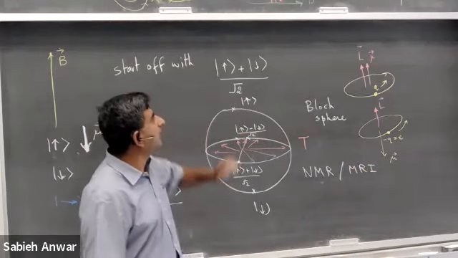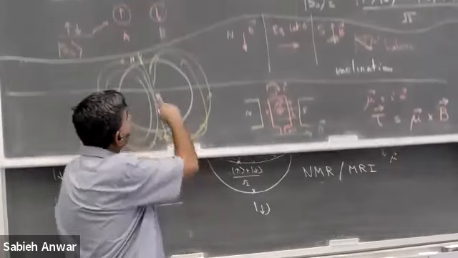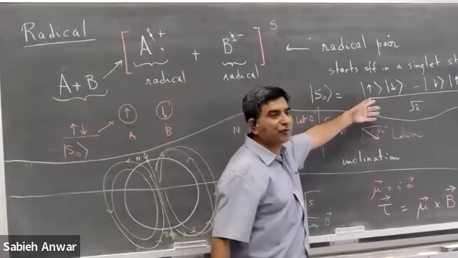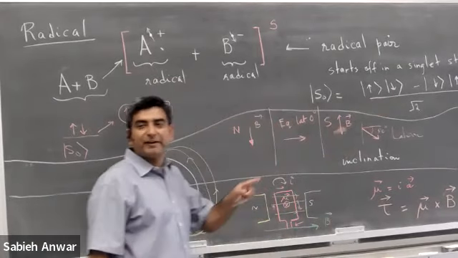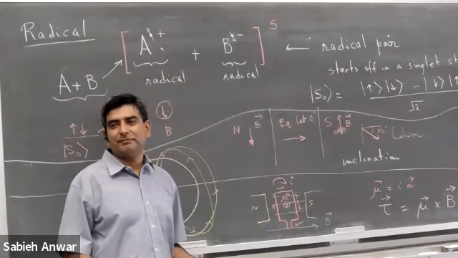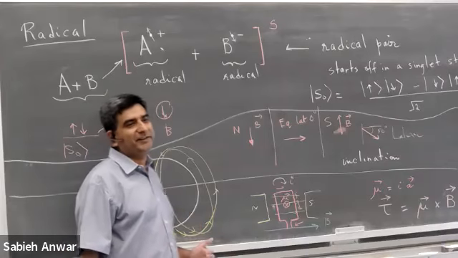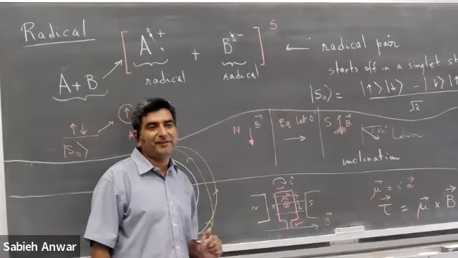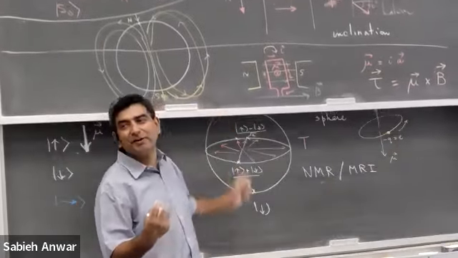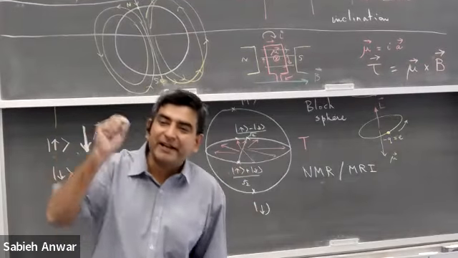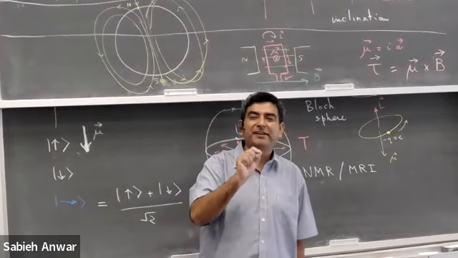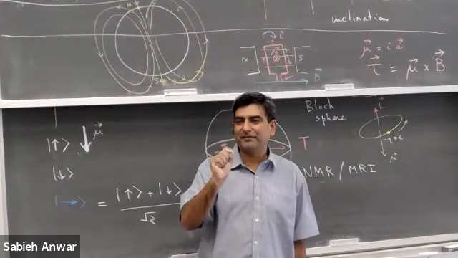And now what we have is a pair of electrons in a singlet state. Now, not talking about one electron, we're talking about two electrons in this state. So this pair of electrons in the radical pair sees a magnetic field. And there are two kinds of magnetic fields that it sees. One is the Earth's magnetic field, which is our control variable here, because a bird needs to know which direction it is headed in if it were to know what the magnetic field is at a certain point on the Earth's surface.